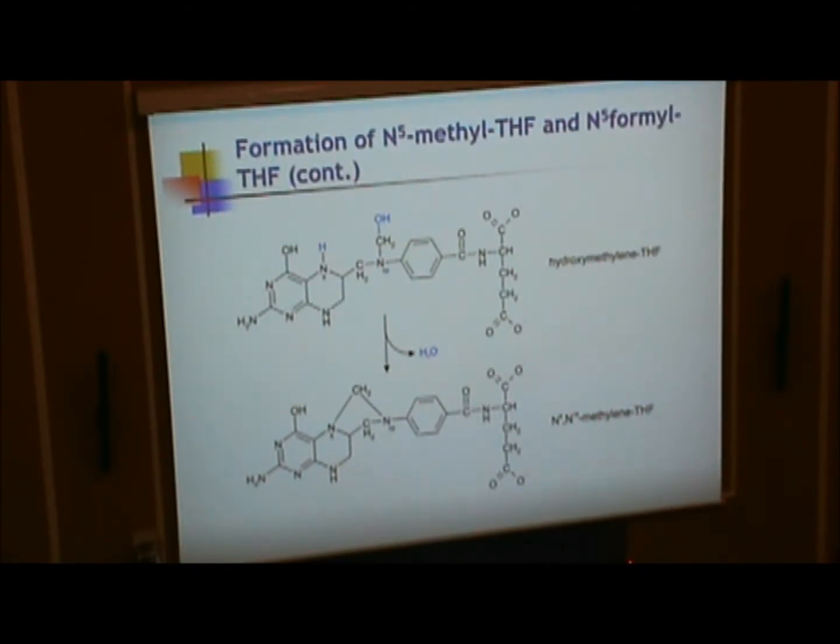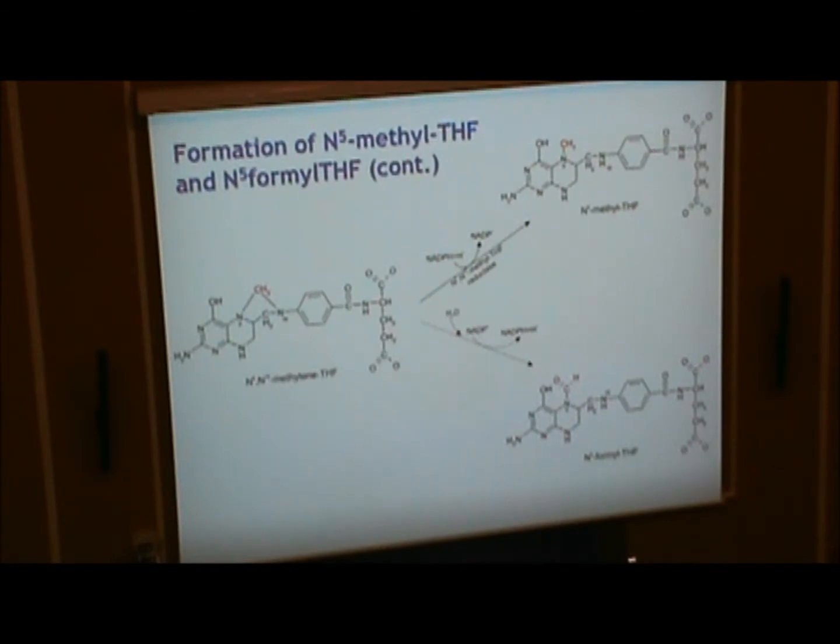This reaction is catalyzed by methylene tetrahydrofolate dehydratase. This is catalyzed by reductase. This is catalyzed by dehydrogenase.